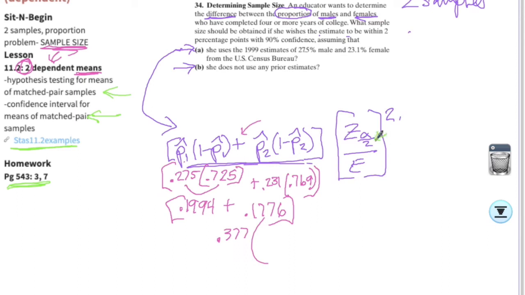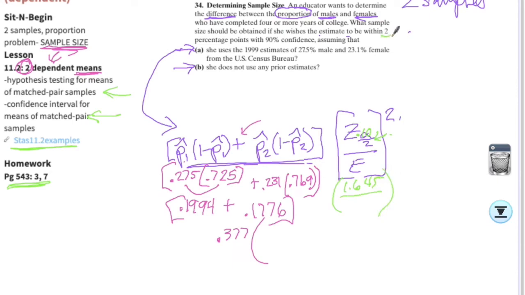If I look there, I'm dealing with a 90% confidence. So my alpha is really 0.10 divided by 2. Now using this table, I don't even need to know that it's 0.10 divided by 2 because it says 90% confidence. So if it's 90% confidence, I'm dealing with a z-score of 1.645 all over my margin of error.